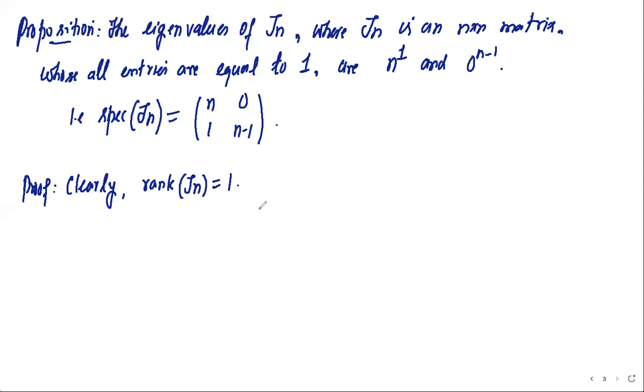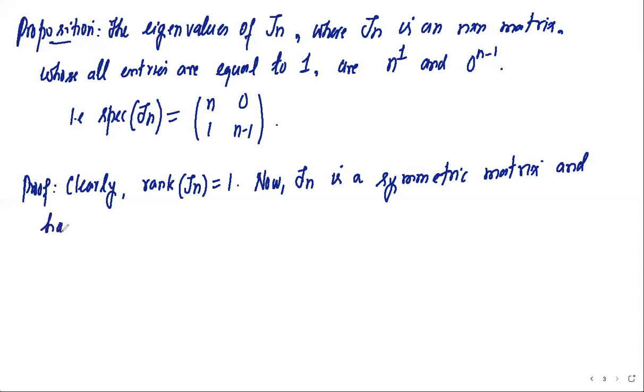Now, Jn is a symmetric matrix and has rank equal to 1.